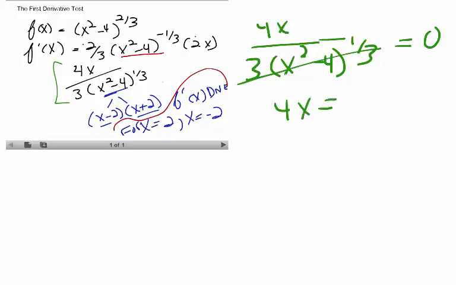We'd be left with 4x equals 0. Divide by 4 on both sides, and x equals 0.